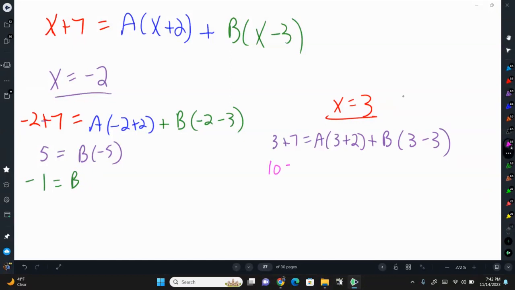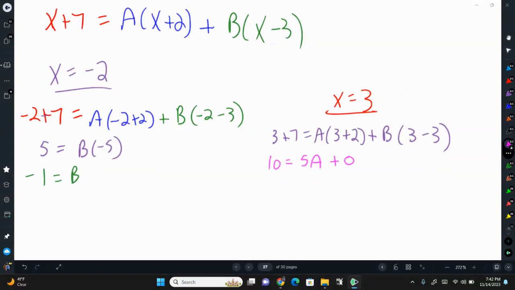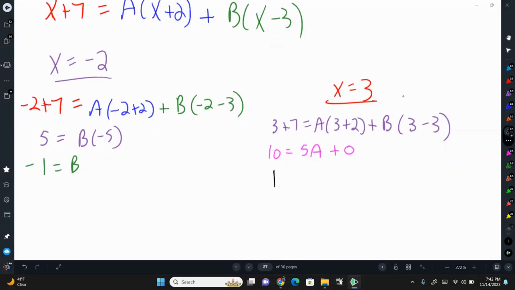So we have 10 equals 5a plus, well, 3 minus 3 is 0, so 0 times b is 0. So 10 equals 5a. Divide both sides by 5. A is equal to 2.